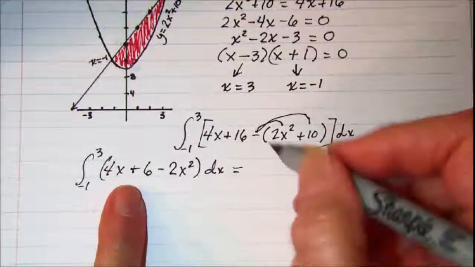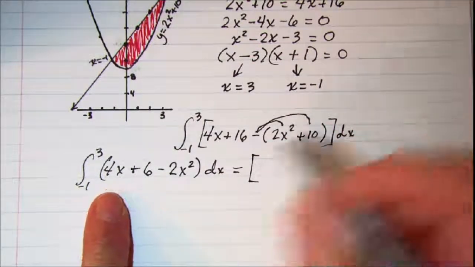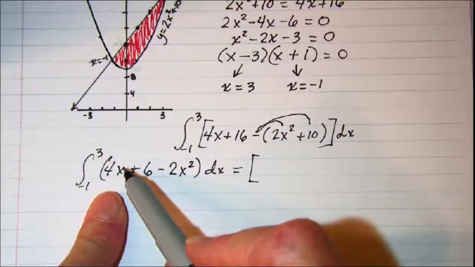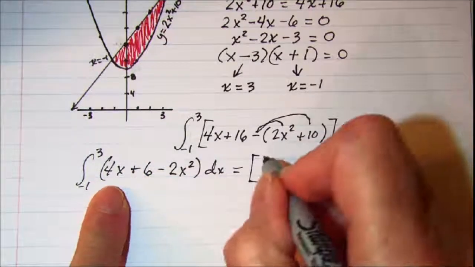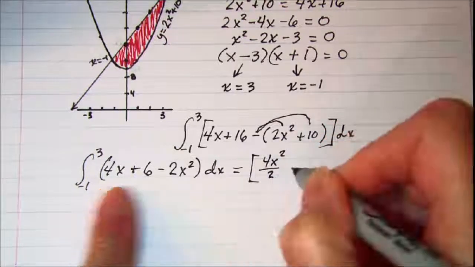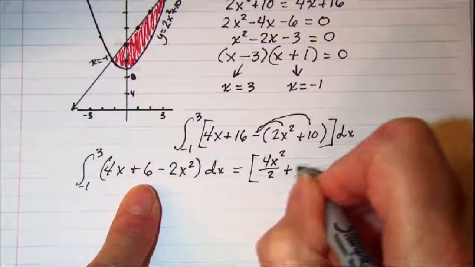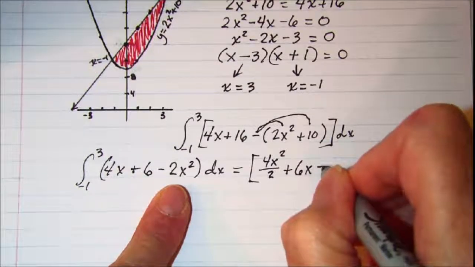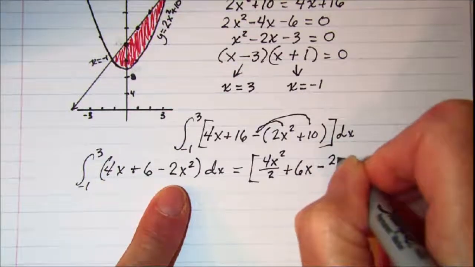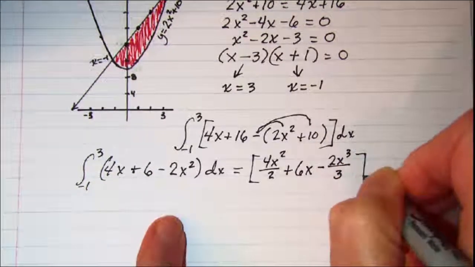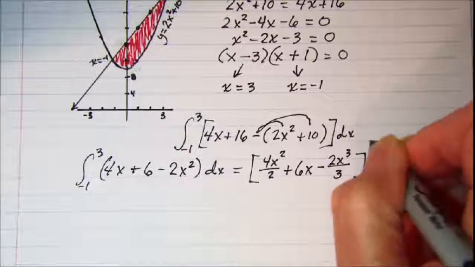So we're going to increase the exponent by 1 and divide by the new exponent. So we have 4x squared divided by 2 plus 6x minus 2x cubed divided by 3, evaluated from negative 1 to 3.